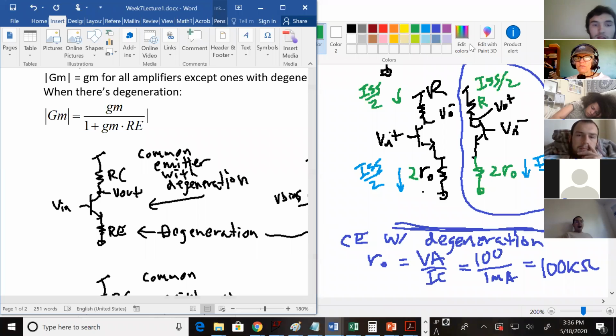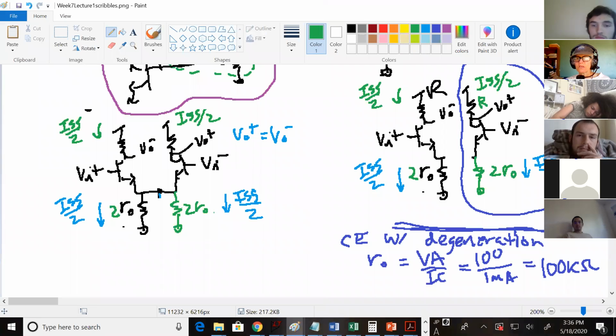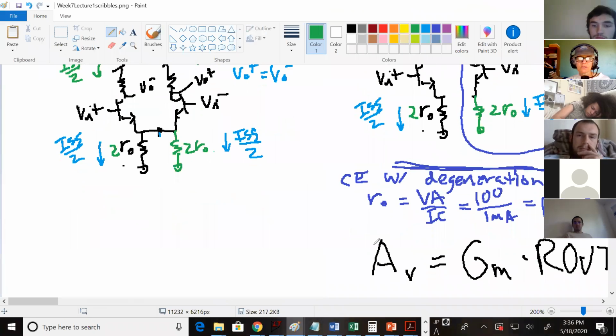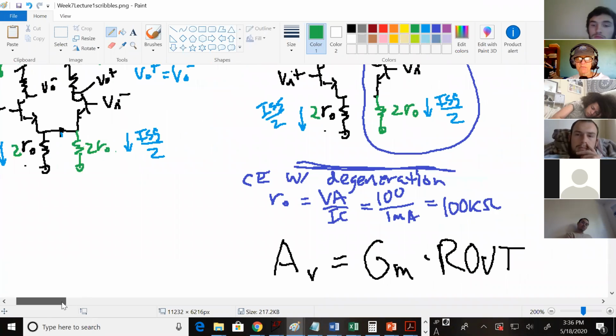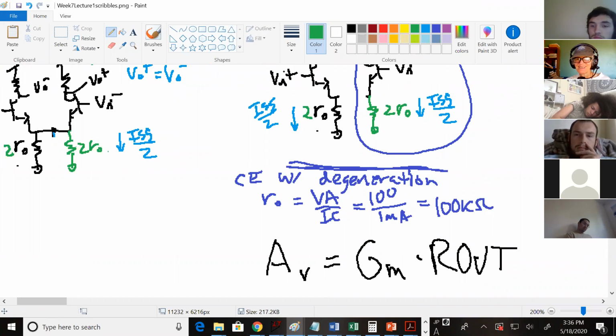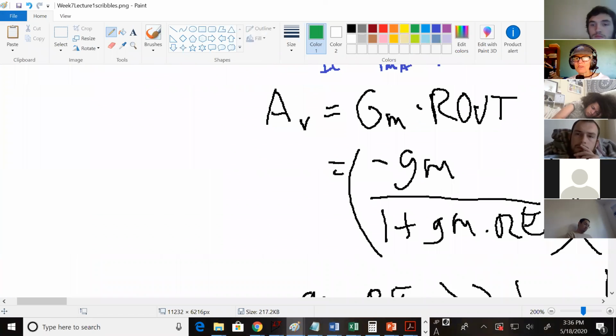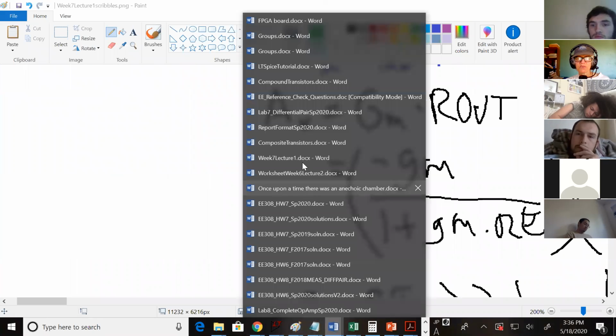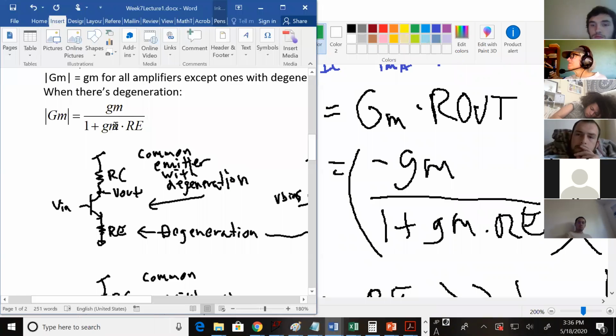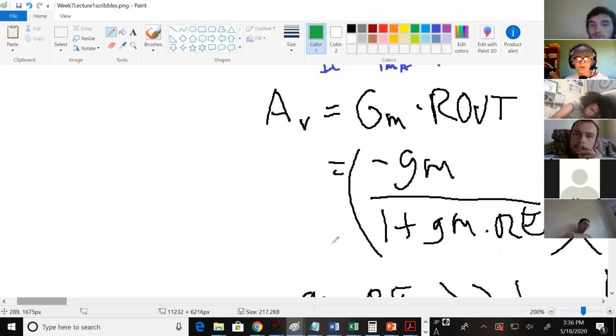So what you have is, let's see if I wrote it down below. Looks like this might have been when my pen was not working. Gm Rout, and you know Rout is RO in parallel with R, at least. And then Gm is that Gm over 1 plus Gm R, which comes from here. And again, you can prove that to yourself by doing small signal analysis. And it's a minus sign.